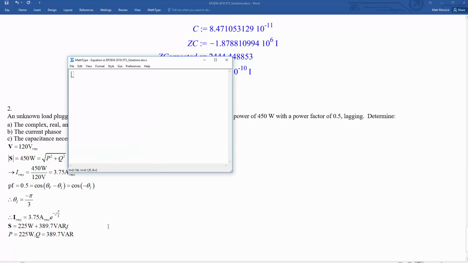So the idea behind correcting the power factor to unity here is that we're going to need to add a current which has the opposite phase of the RMS current that we actually have already.